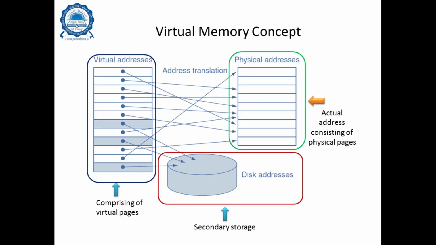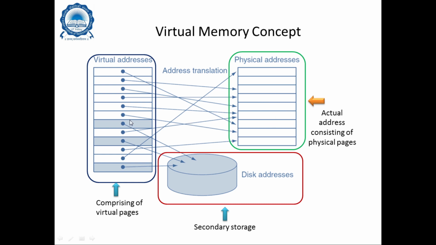Let's have a look at this diagram. You have a virtual address on the left side. This table contains the virtual pages that are part of the virtual address, and we have an address translation process in between that converts the virtual address to its respective physical address. The ones which are not shaded blue map directly to the pages of the physical address, so these are the actual addresses consisting of physical pages.